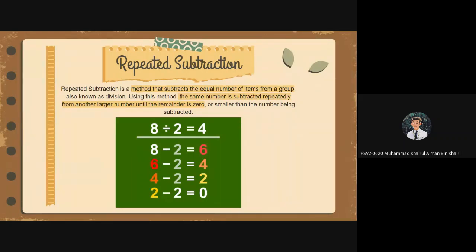As you can see in the example below, 8 divided by 2 is equal to 4. Why is it equal to 4? We repeatedly subtract 2 from 8. Then we can see there are 4 subtractions of 2 until the 8 becomes 0. So 8 divided by 2 is equal to 4.